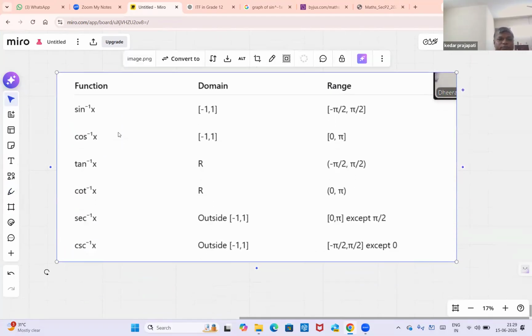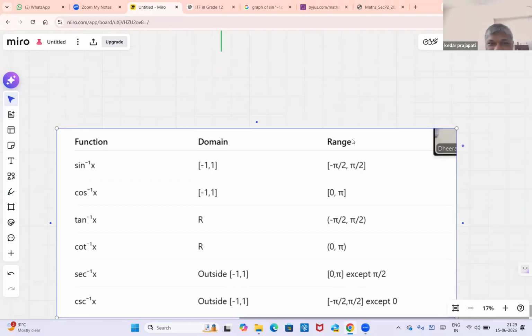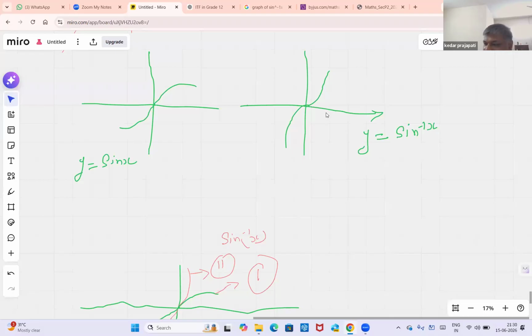So when we draw now, the domain is -1 to 1 and the range is minus pi by 2 to pi by 2, correct? We restricted the range and domain. This is a curve. One is this line, the other one is this line. So we are talking about this coordinate and this coordinate.